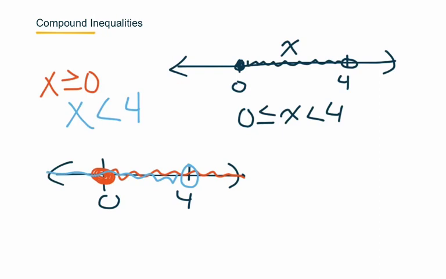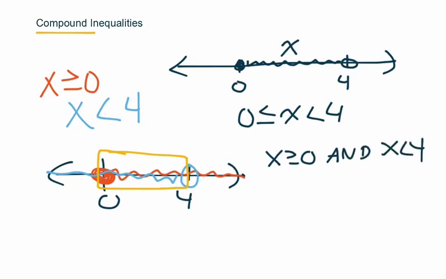And what we're taking is where they overlap. Okay, and so it's what we call the intersection of the two sets. It's where the two inequalities overlap each other. And we could say it this way. We could say x is greater than or equal to 0 and x is also less than 4.